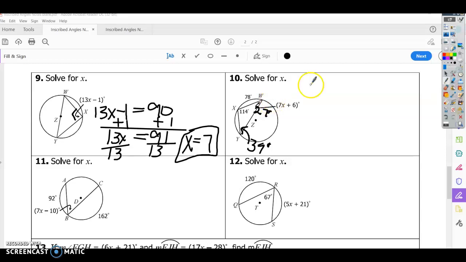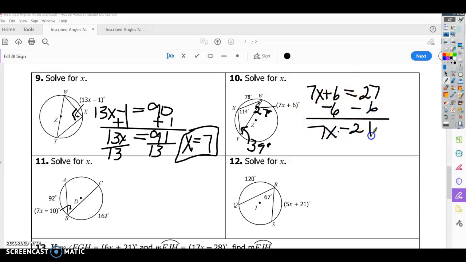All right, so we've got 7x plus 6, and that's going to equal the 27 degrees that we just found that angle to be. And then solve for x. So subtract 6. 7x equals 21, or x equals 3.